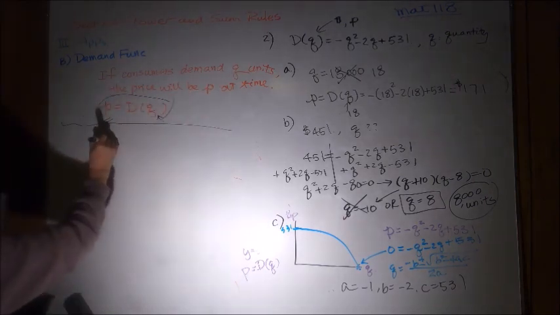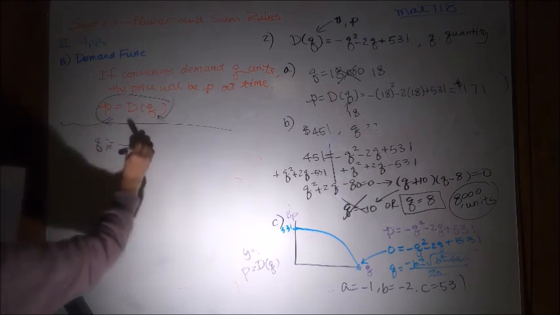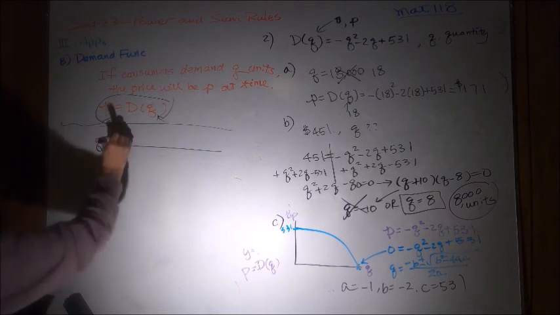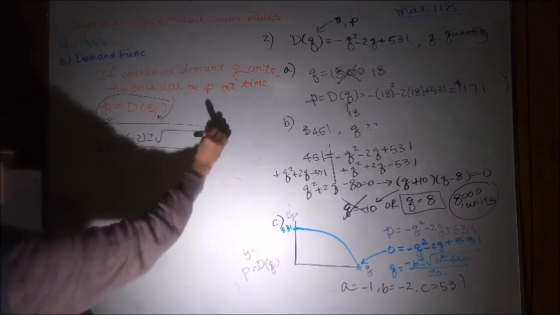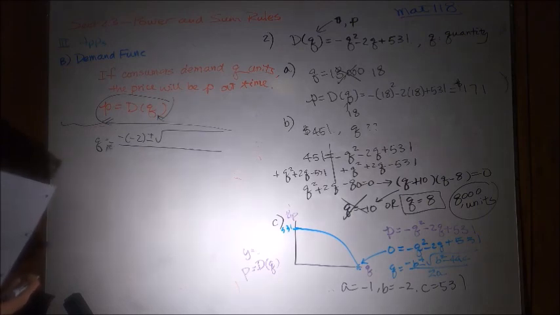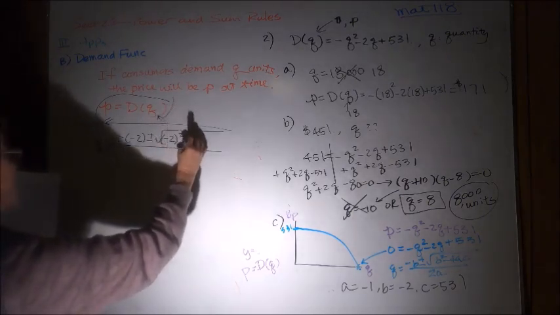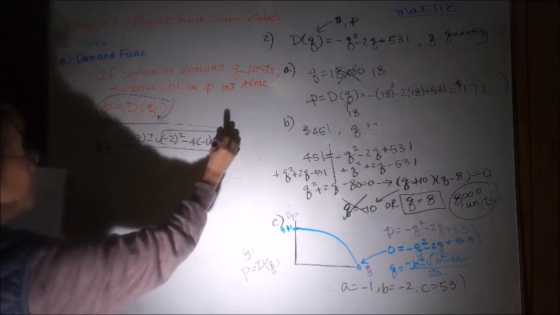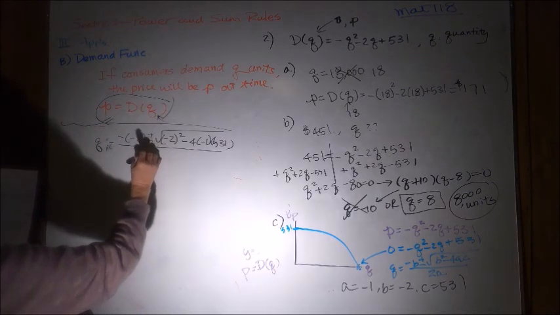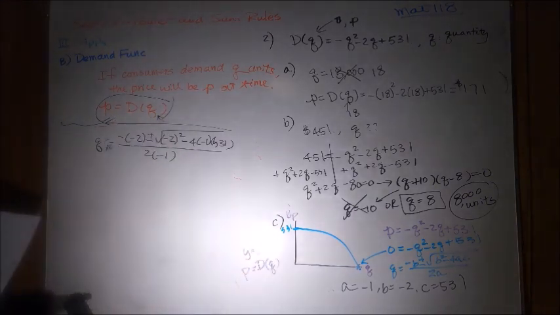So for Q, we plug in the numbers: -2 plus or minus the square root of, I'm just copying down those numbers for A, B, C, 531, and over 2 times -1.